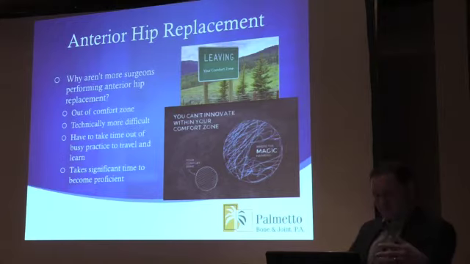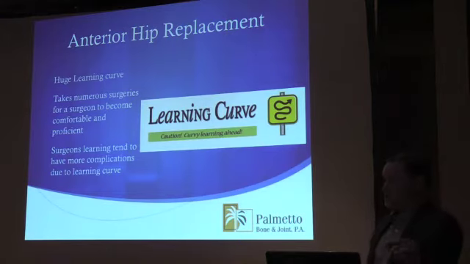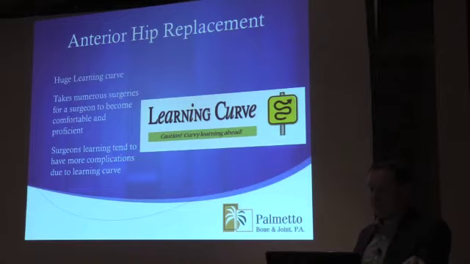And the problem with some surgeons who say, well, I'm going to learn how to do it, and they go to a training course for one weekend, and then they come back and feel like they're ready to try it, that can be a problem because it does take time to become proficient at it. The other issue with it is that there's a huge learning curve. It takes multiple patients, multiple surgeries under your belt before you can really feel comfortable with it.